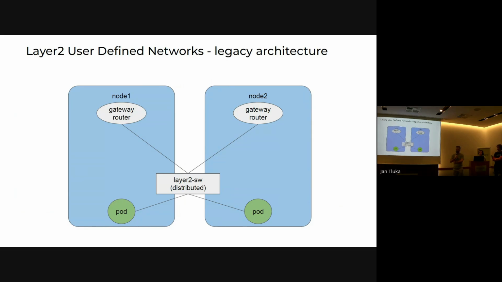So what we ended up doing is we introduced a gateway router to each node. And what we ended with is that each gateway router has the exact same IP address, but they do not have the same MAC address. So it was sort of a workaround to get our thing working, and we had to do a lot of tricks to make that happen.